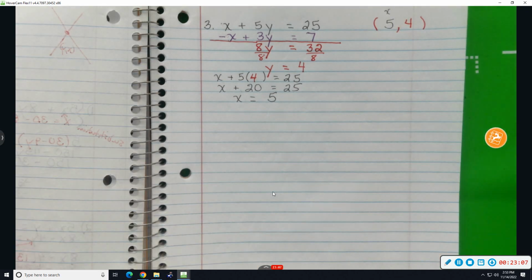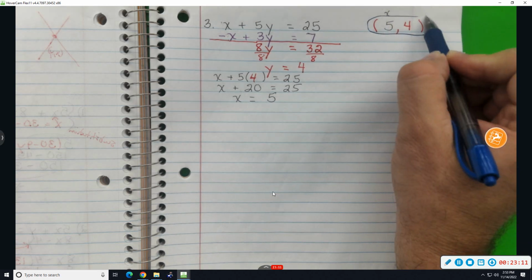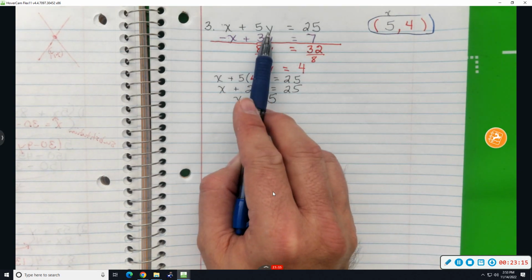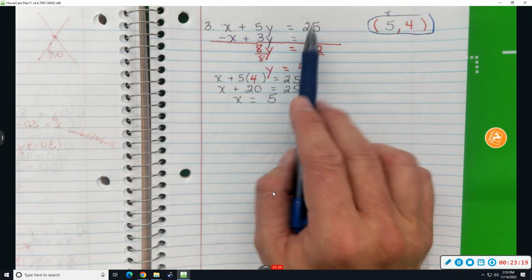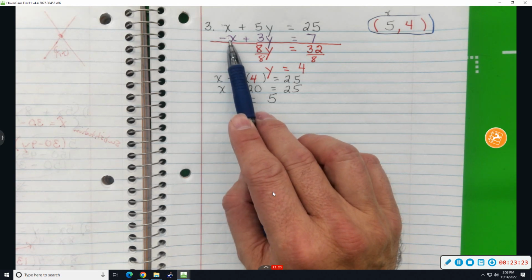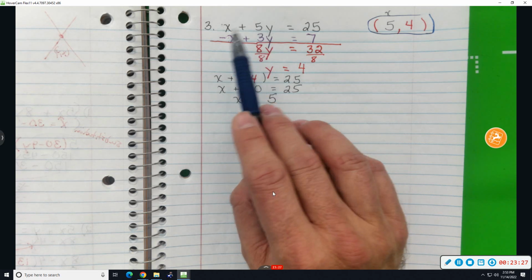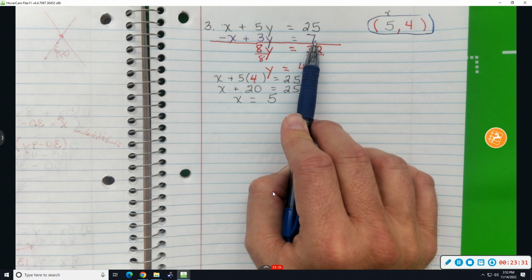This is actually a very good one to illustrate the way you can check your answer. Put a 5 in for x and a 4 for y. Do you get 25? 5 plus 20, 25. What about down here? Negative 5 plus 3 times 4 is 12. Negative 5 plus 12, is that giving us a 7?